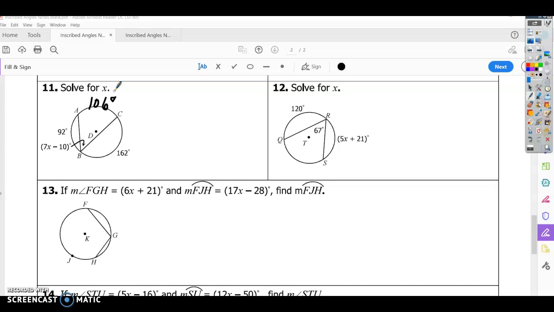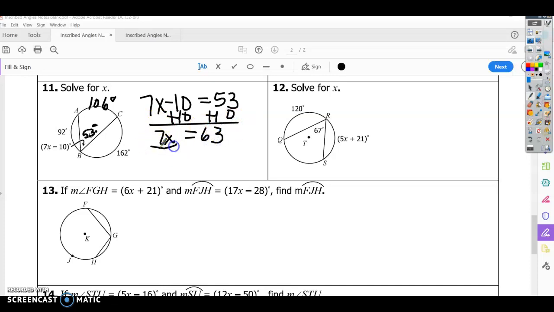So we know that this arc measure is related to this angle. So this angle is going to be half of 106, which is 53. And so we can say 7x minus 10 is equal to 53. X equals 9.